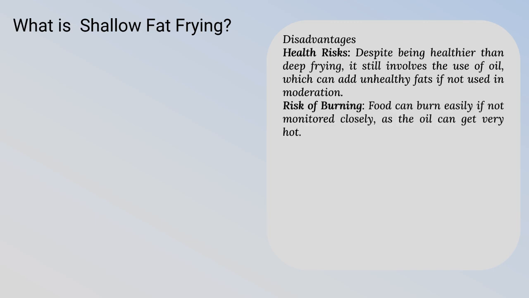Risk of burning. Food can burn easily if not monitored closely, as the oil can get very hot. You will understand that we require less oil. Only one side of the product will come in contact with the hot oil. So if we are not monitoring it properly, what will happen?